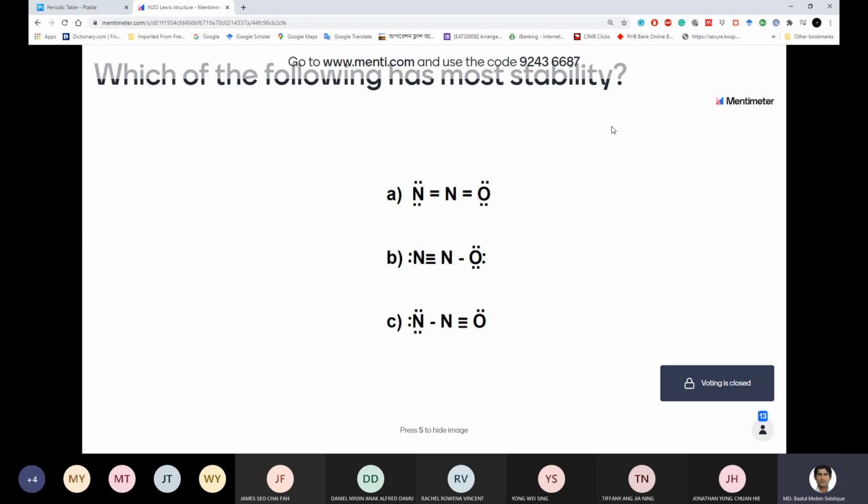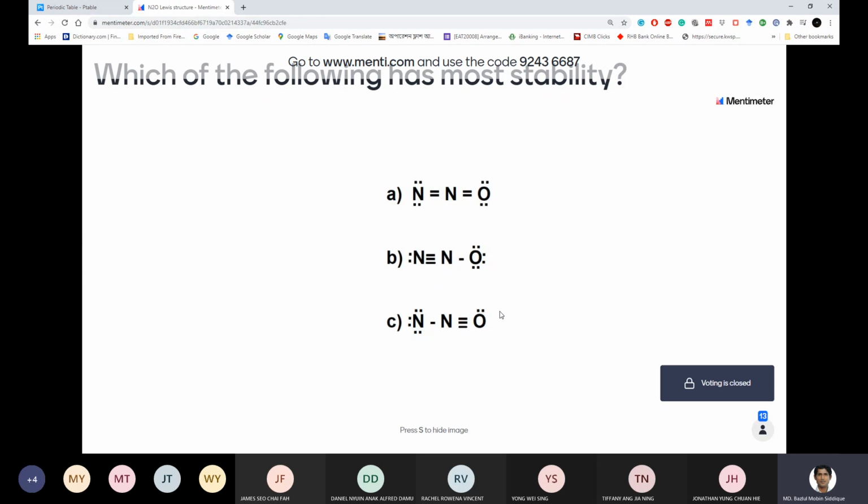So on A, the left one is negative 1, the middle is positive 1, and oxygen is 0. But for B, this nitrogen is 5 minus 2 minus 3, which is 0. The right one is 5 minus 0 minus 4, which is positive 1, and oxygen is negative 1.